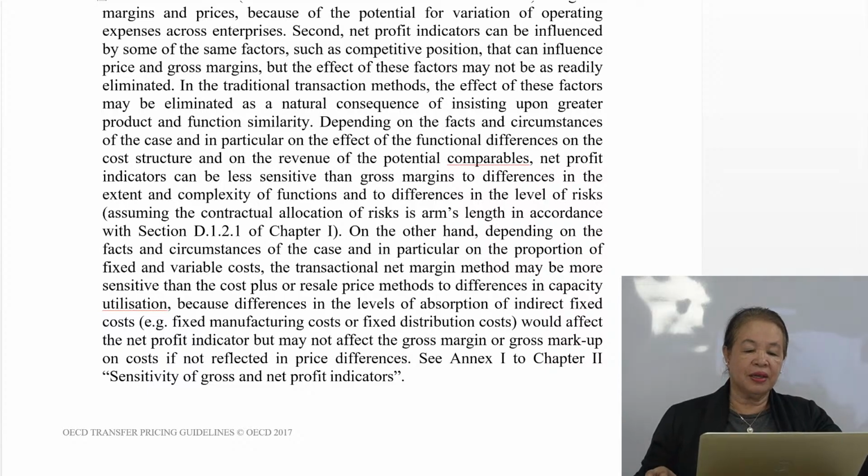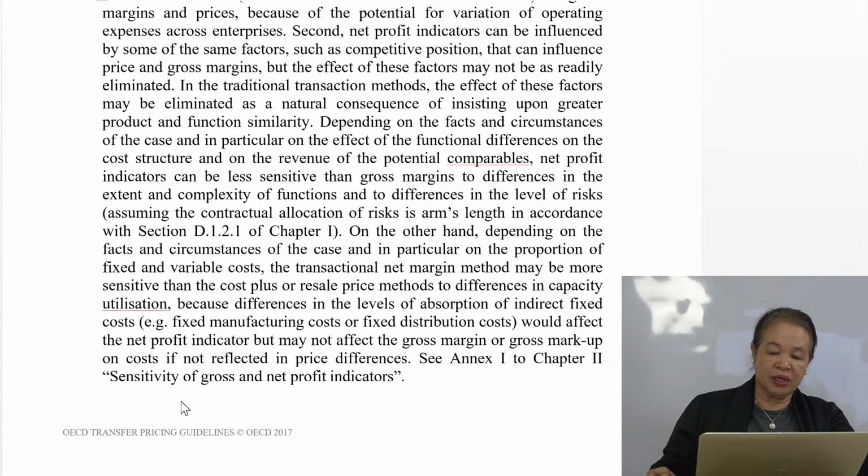But may not affect the gross margin or gross markup on cost if not reflected in price differences. No? So there is an Annex 1 to Chapter 2, the sensitivity of gross profit and net profit indicators, no?